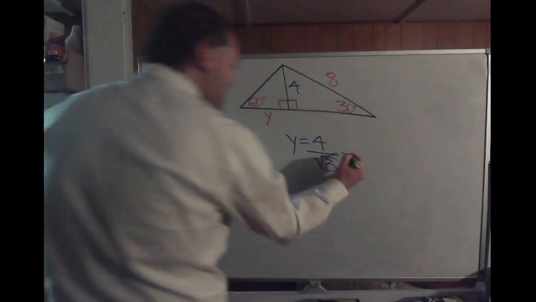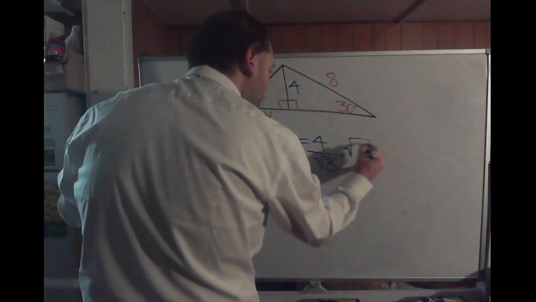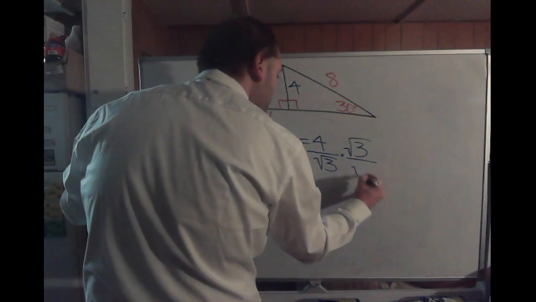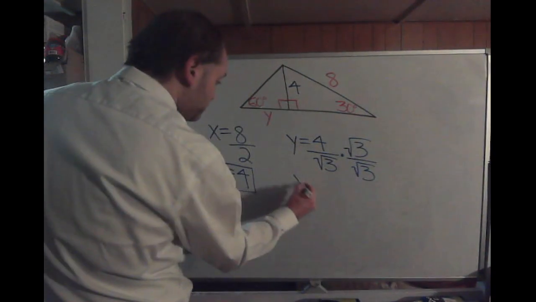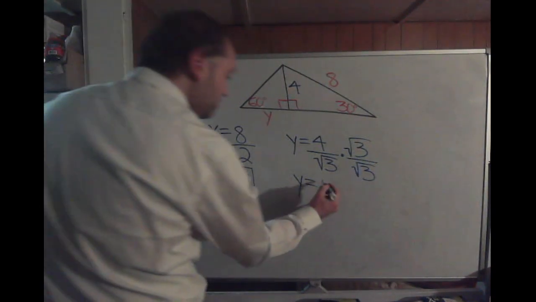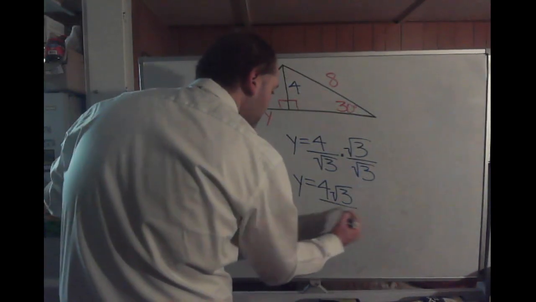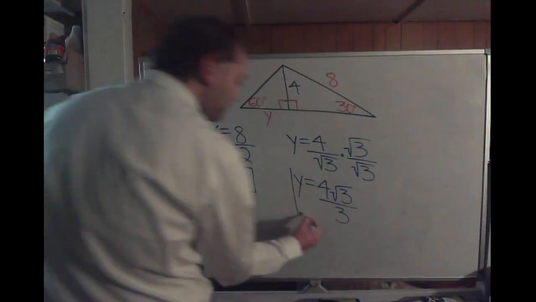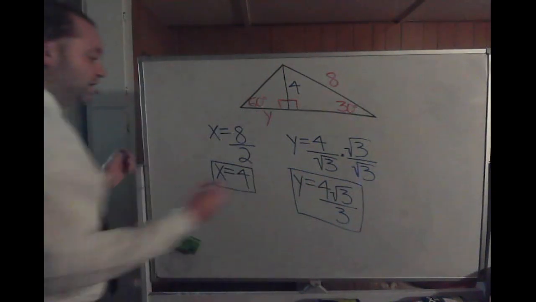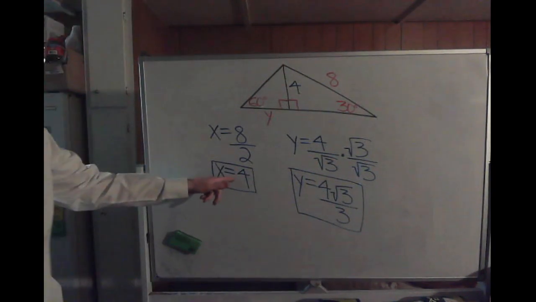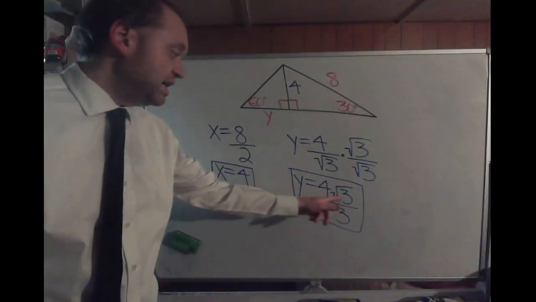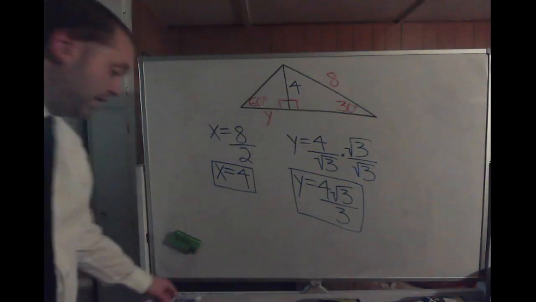And of course, we'll rationalize the denominator, which would simply end up giving you y equal to 4 times the square root of 3 over 3. So in the end, x has a value of 4, y has a value of 4 times the square root of 3 over 3.